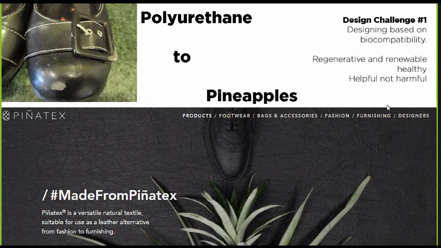So how do we, for example, instead of using polyurethane to make fake leather shoes, use pineapple tops? This company, Piñatex, is making an alternative leather material from the tops of pineapple, so this fiber.